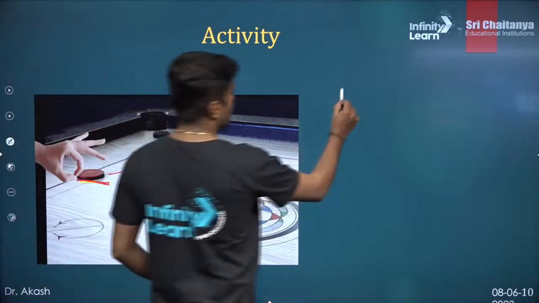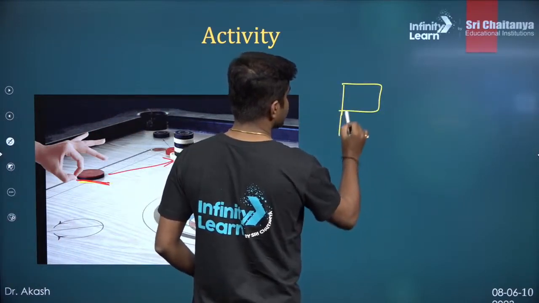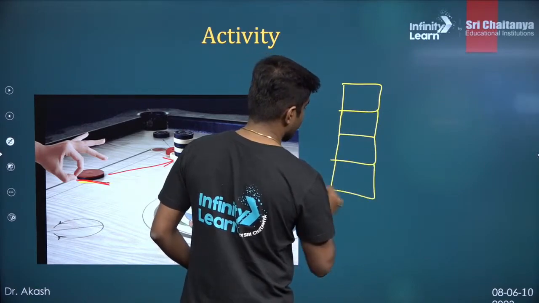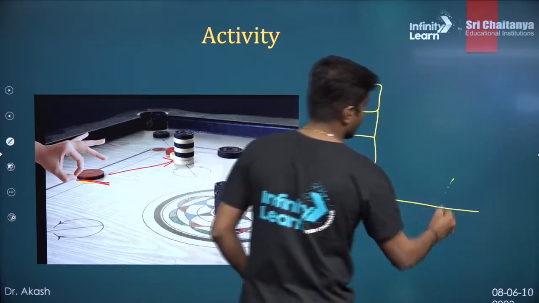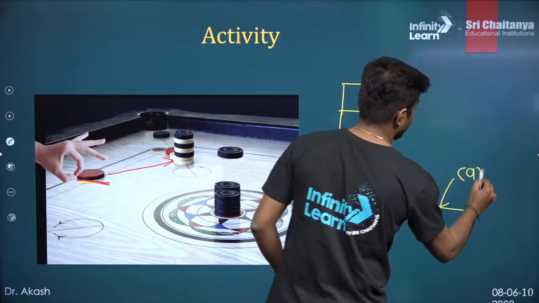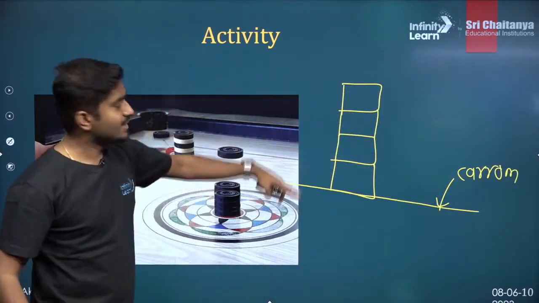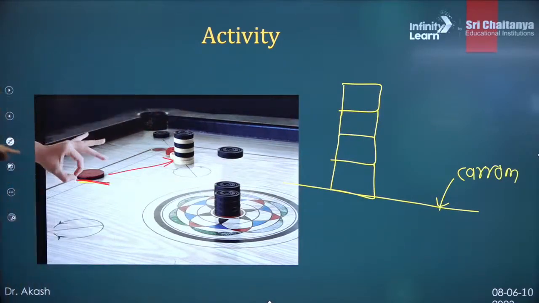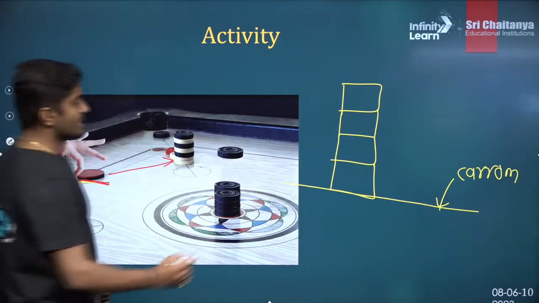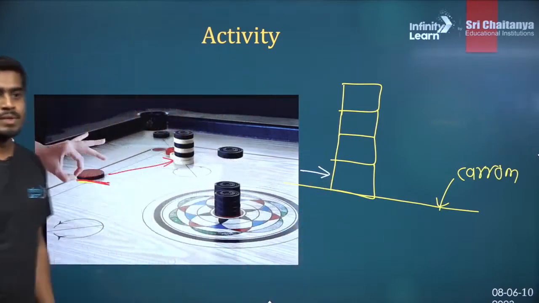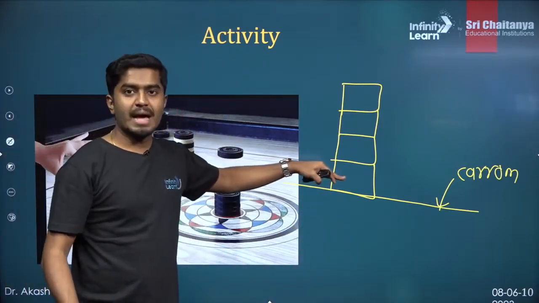So let's suppose I'll draw here, there are different coins placed on top of each other on a surface, on the carom board. Now what we do is, we hit the bottom coin with a striker. So when you hit the bottom coin, what will happen?